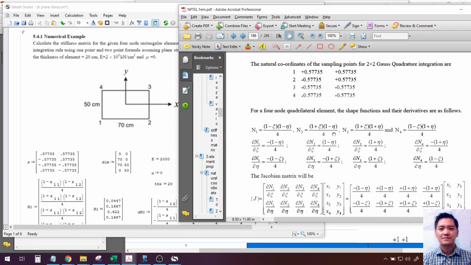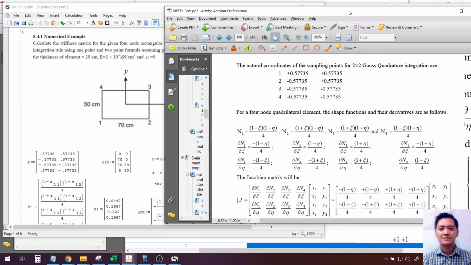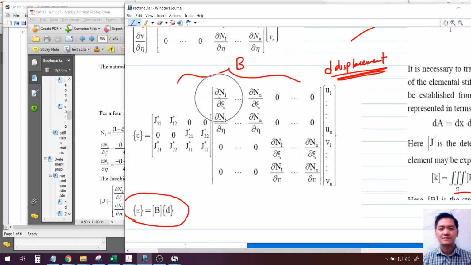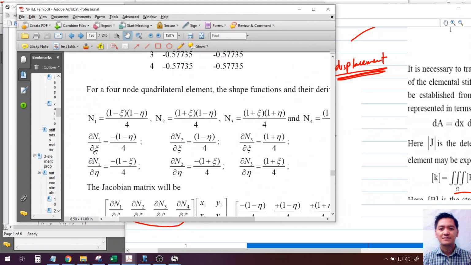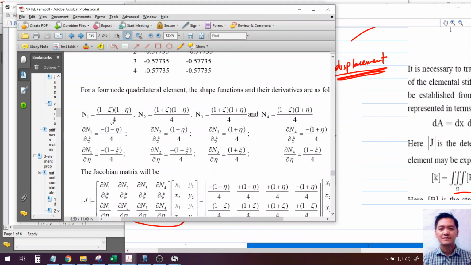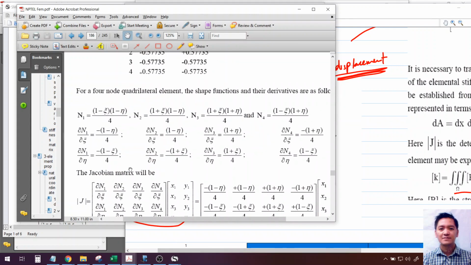Okay? And then, you notice, sa lecture din dito, kailangan natin makuha yung partial derivatives, diba? dn dc. Yan, dn d eta. So, we need to get the partial derivatives of that. Okay.